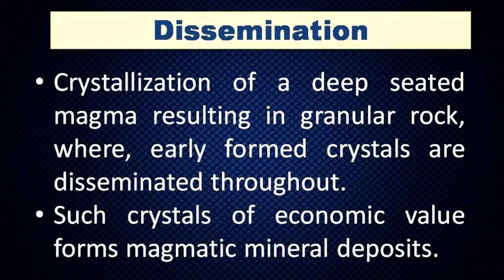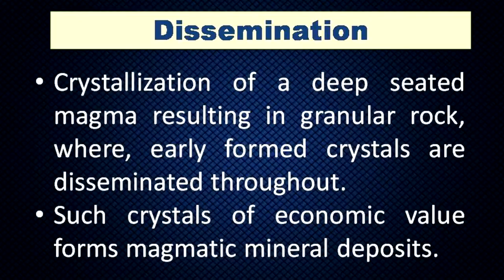Now I discuss another category which is also an important category, dissemination. Disseminated deposits, dissemination of ore deposits. Crystallization of a deep-seated magma resulting in a granular rock where early formed crystals are disseminated throughout.